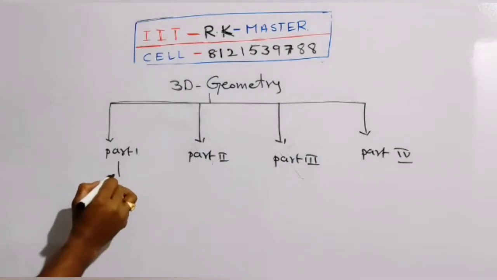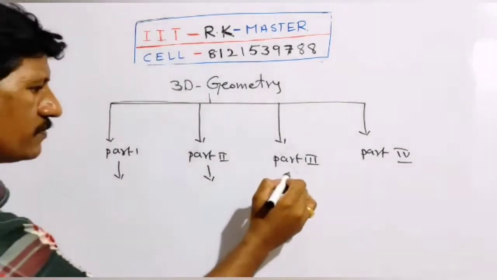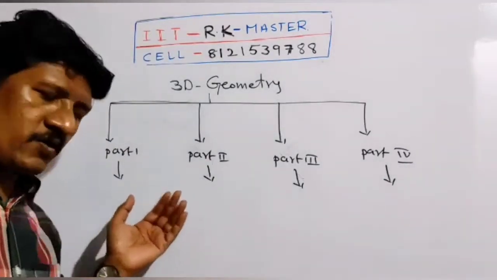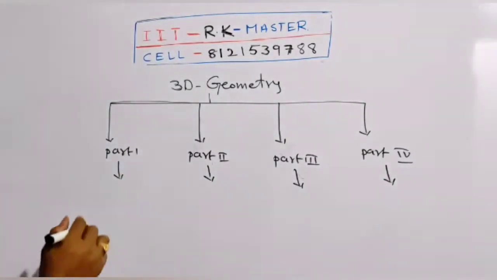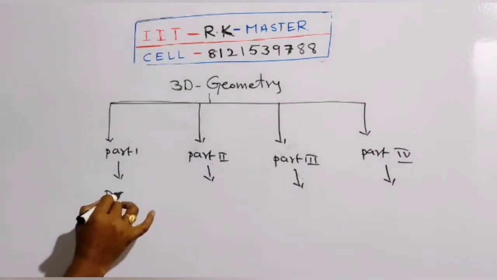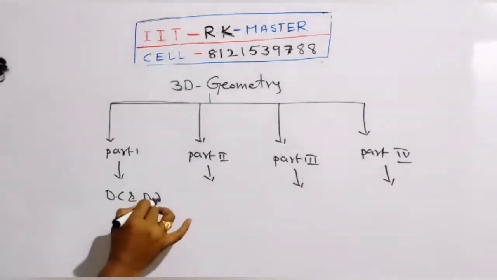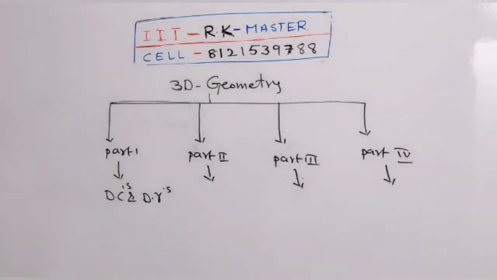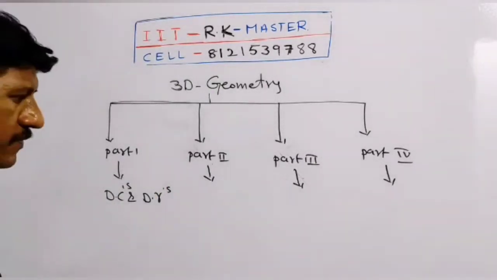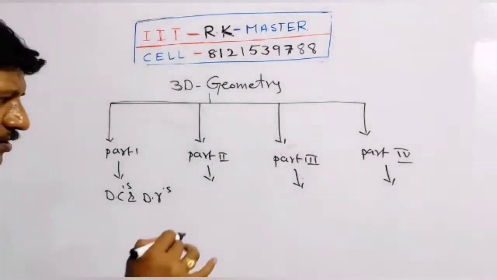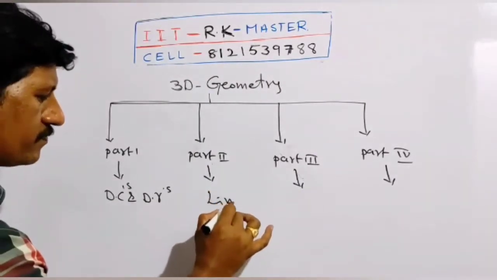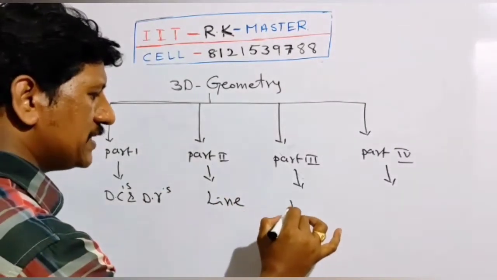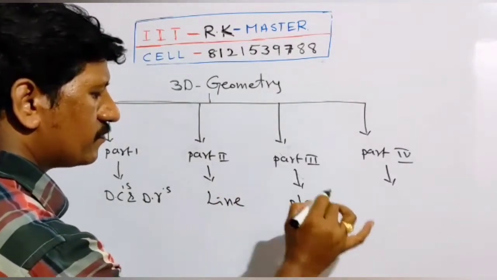In part 1 we will study about DCs and DRs, that means direction cosines and direction ratios. In part 2 we will study only the line. In part 3 we will study only the plane.